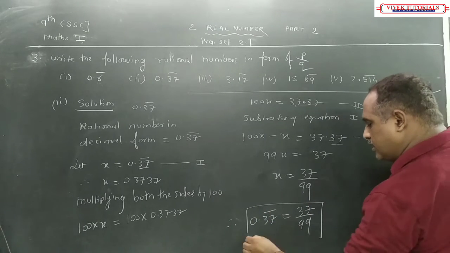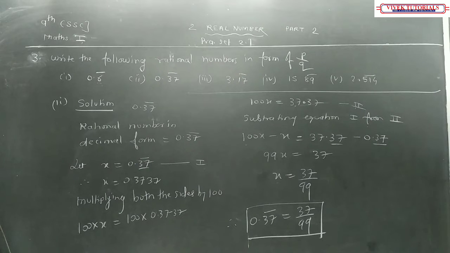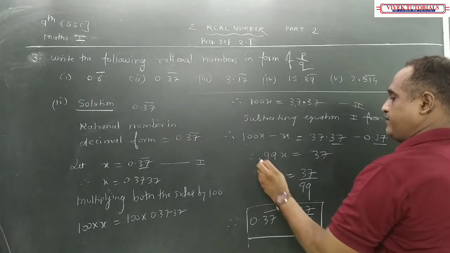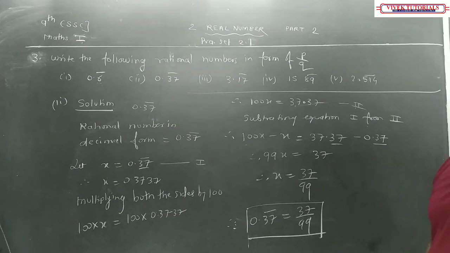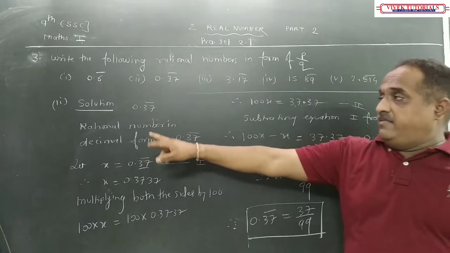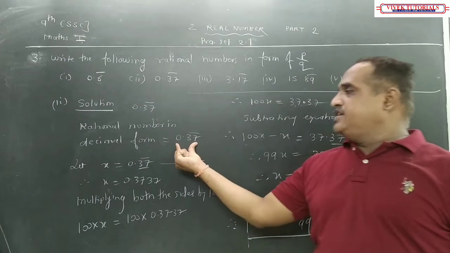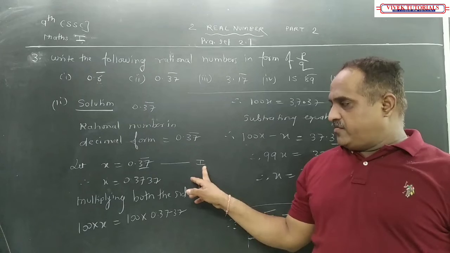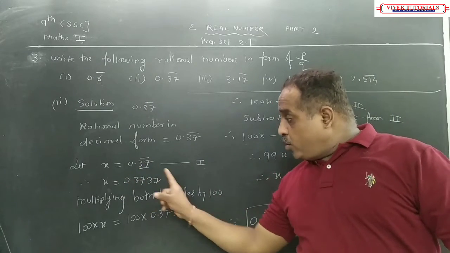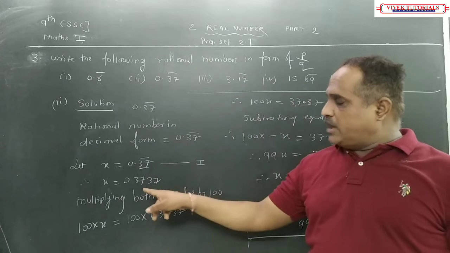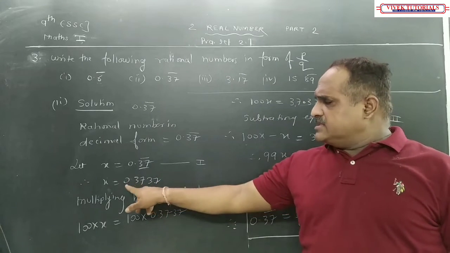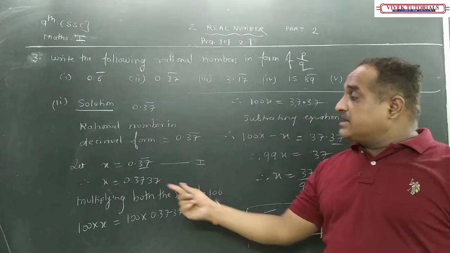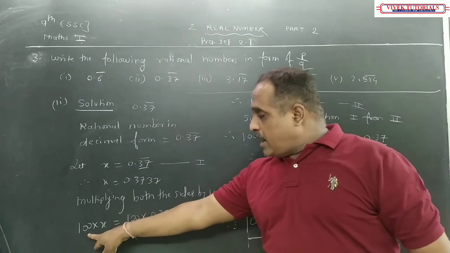That we are going to put in the box, and this is the form of what? P upon Q. So please put the therefore sign properly, and repeat it once again. Here it is what? 0.37. So the rational number in decimal form is 0.37 recurring. So I will write x is equal to 0.37, equation 1. But if it is 37, I am going to repeat because it repeats 2-3 times, so write 37 and 37, 0.3737. Multiplying, 37 is two numbers, so I am going to multiply by 100.